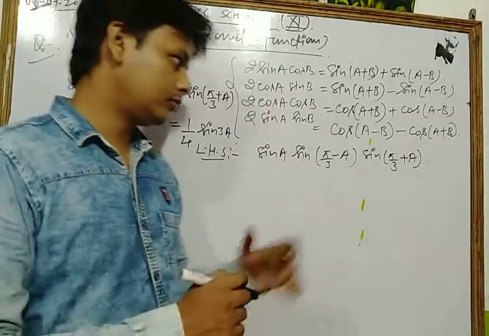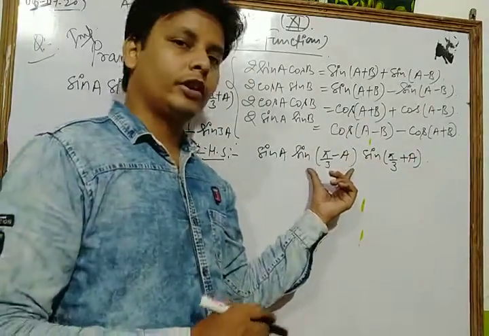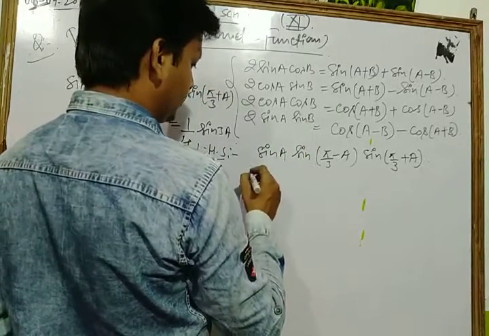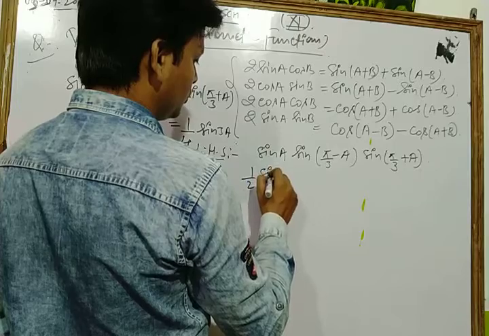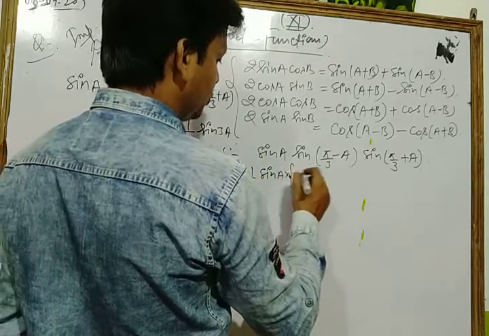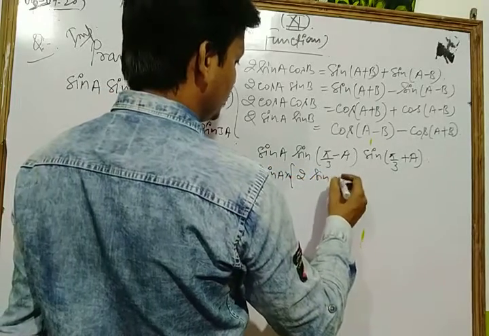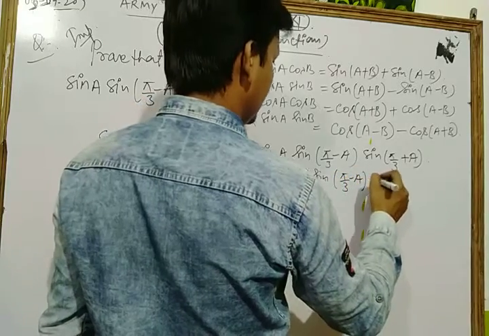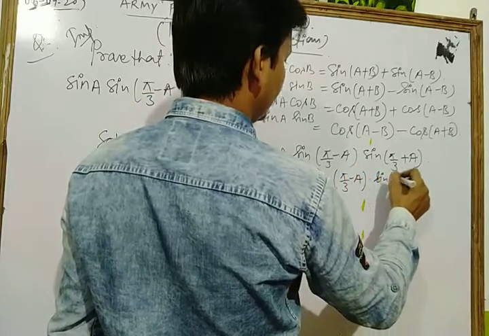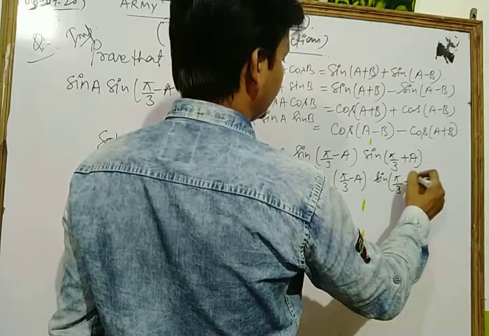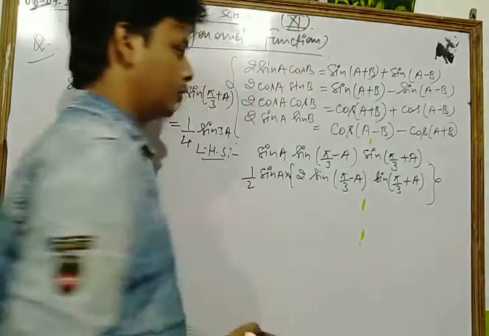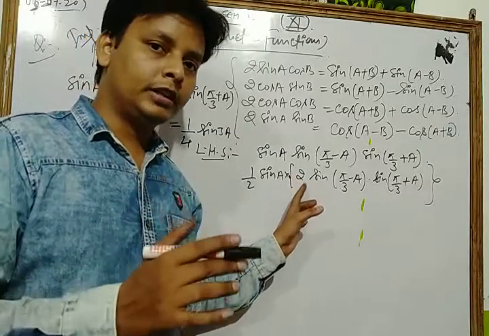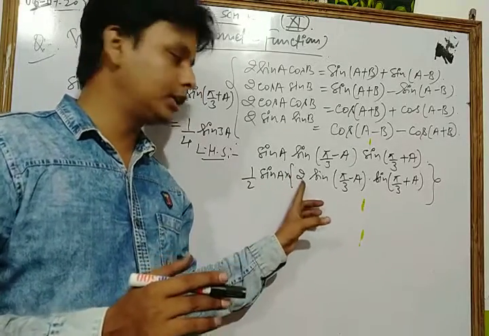First we multiply both the numerator and denominator by 2. So we get 1 by 2 into sin A into 2 sin(pi by 3 minus A) sin(pi by 3 plus A). We write it in this way, multiplying both the numerator and denominator by 2.